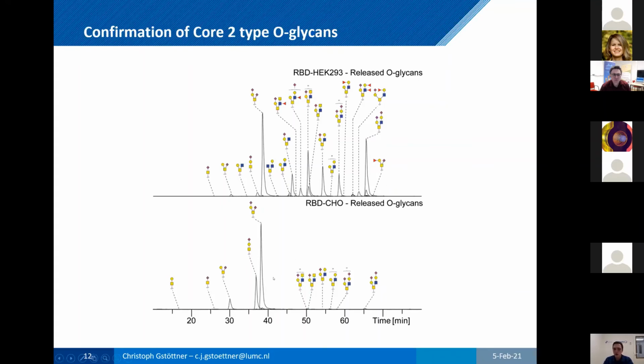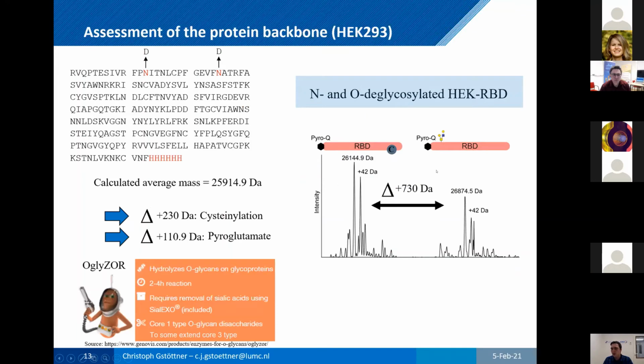And indeed, if you look then at the released O-glycans for the CHO cell produced material, you see only core 1 type glycans and a very minor amount of core 2 type glycans. Whereas in the HEK produced material, you can see also core 1, but also a very big amount of core 2 type glycans. So indeed, we could assign this then to an RBD domain with core 2 type glycans on, which cannot be removed by the O-glycosidase.